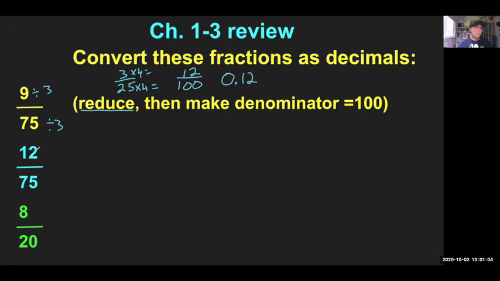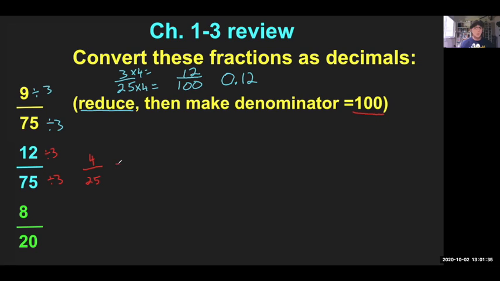All right, so I'll leave that up. Why don't you try this one, 12 over 75. Ready, go. Okay, so you should have done the same thing. In fact, we can even divide by the same number. We're going to divide by 3, which is going to give us 25, and divide by 3 here, which 12 divided by 3 is 4. So then we have just 4 over 25, but now we have to turn it into a decimal, and remember it has to have a denominator of 100 because there's 2 digits here.